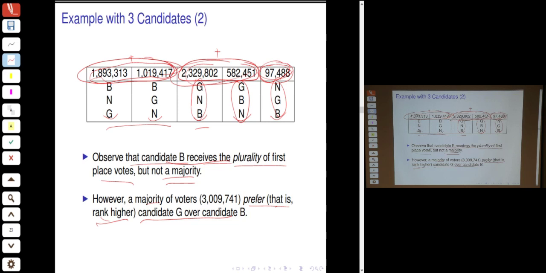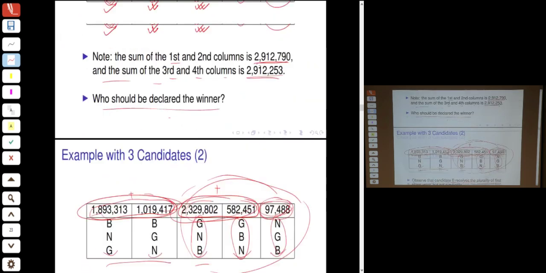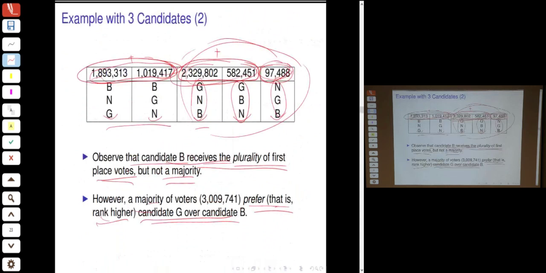So if you just look at how many voters give a higher rank to candidate G over candidate B, you will find that a majority of voters actually rank candidate G higher than candidate B. Although candidate B receives the plurality of first place votes, that is, more voters place candidate B in the first place than any other candidate, okay?